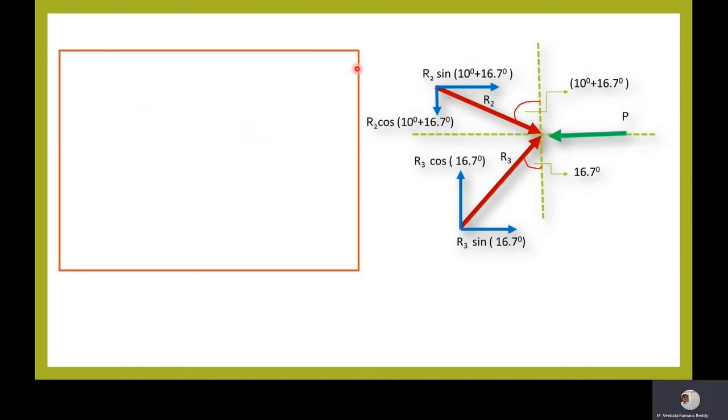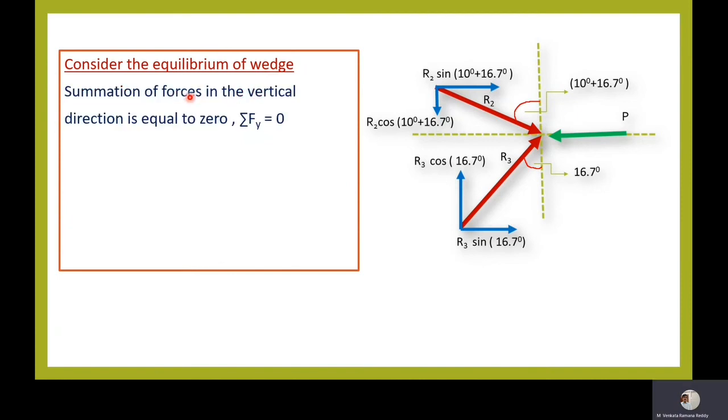We'll consider the equilibrium condition of the wedge. That is, summation of forces in the vertical direction is equal to 0. That is, sigma F of y is equal to 0. Here, R2 cos 26.7 degrees and R3 cos 16.7 degrees are the vertical forces. Upward forces positive, downward forces negative. Then here R2 value to be substituted.